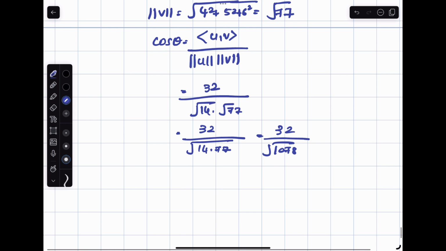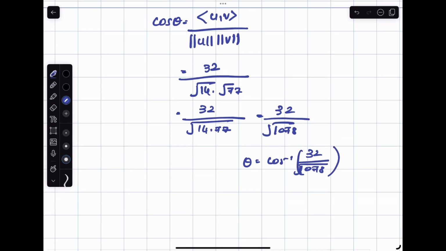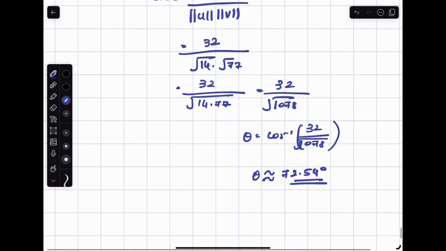So theta is equal to cos inverse of 32 divided by root of 1078. If you solve this, theta is nearly equal to 72.54 degrees. All right, so we have seen how we can solve the geometric interpretation for the inner product.